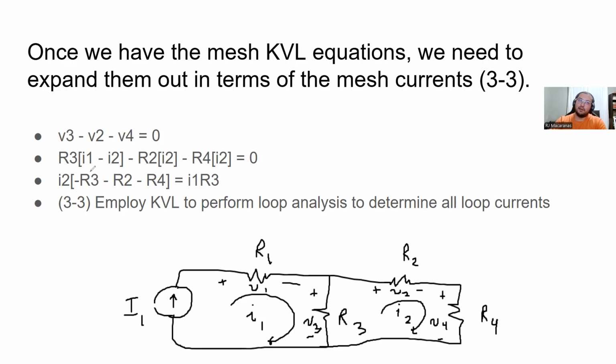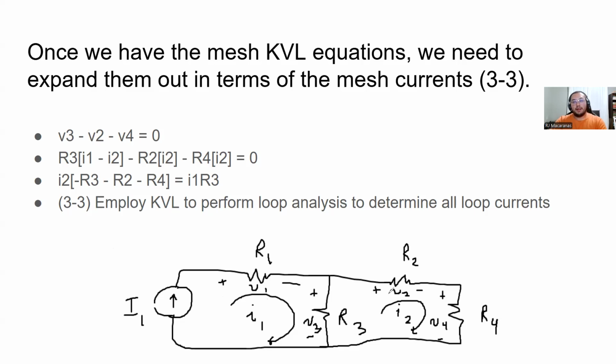This is positive because by the passive sign convention, this element wants to dissipate power. So it's I1 minus I2, because I2 is also flowing through R3, but in the opposite direction, so I'm subtracting out I2.